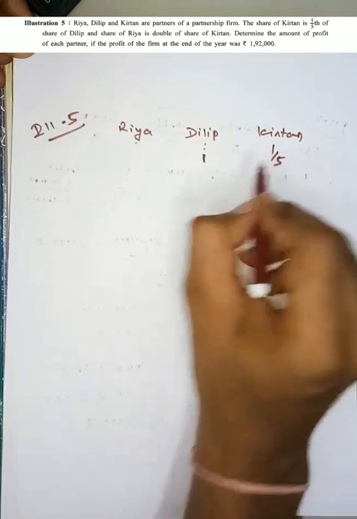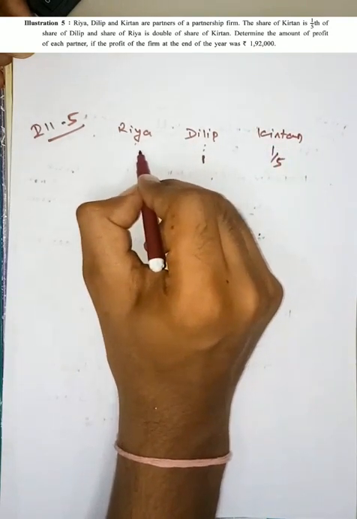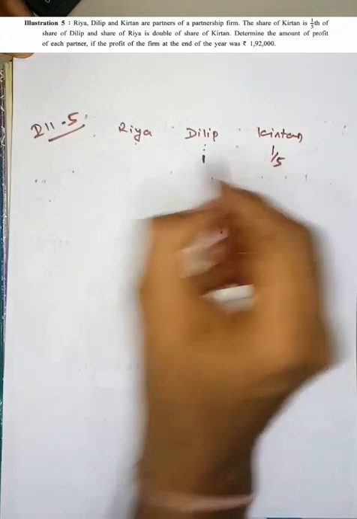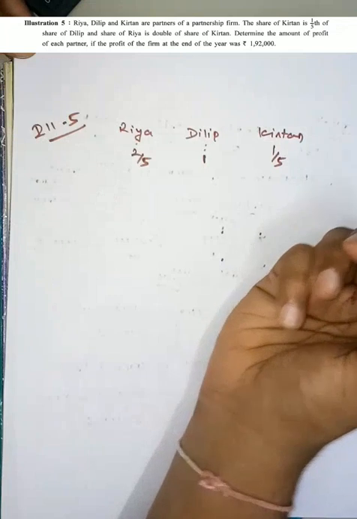Then the share of Riya is double the share of Kirtan. That means whatever Kirtan has, it is double of this. That means we will multiply this with 2. So 2 divided by 5 will become over here.